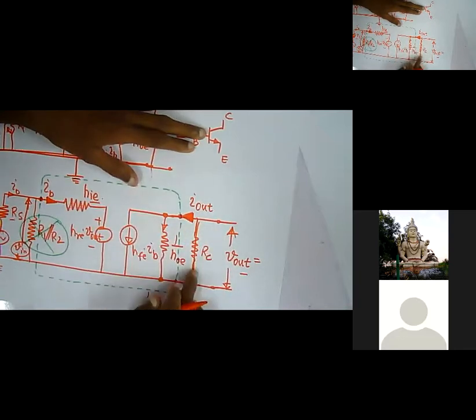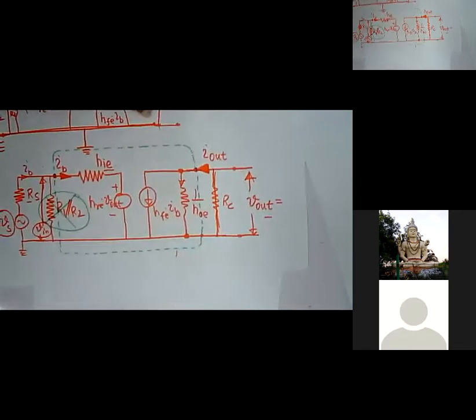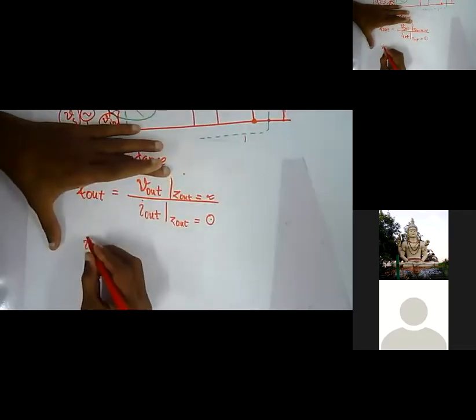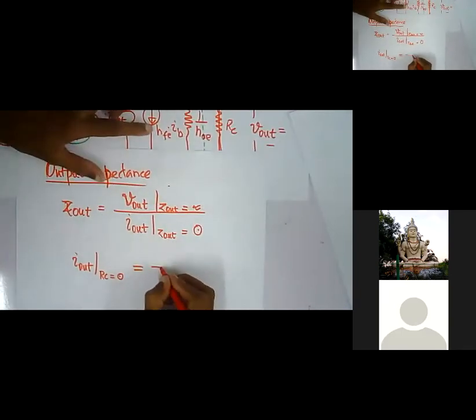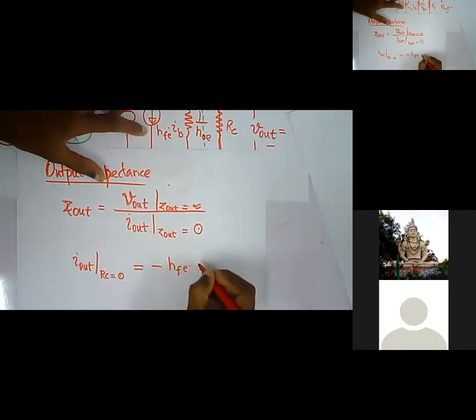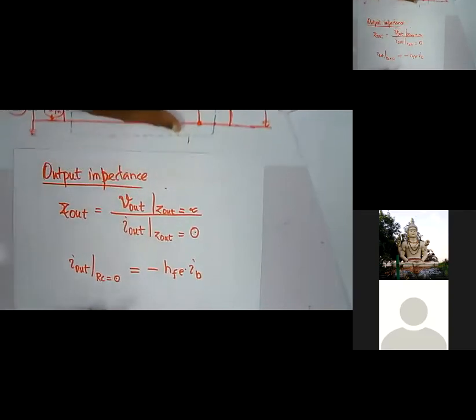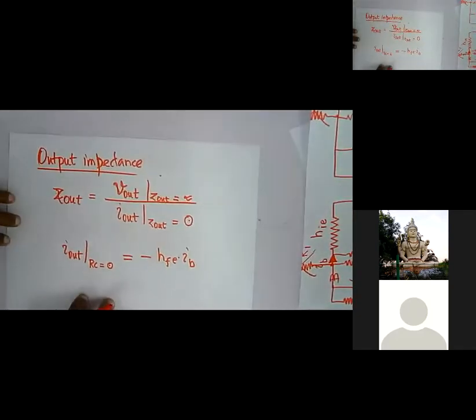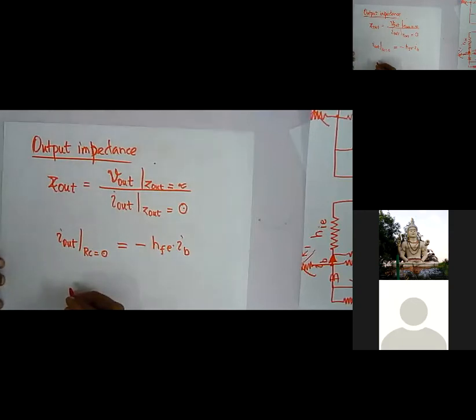Whenever you short circuit this one, this will be removed, so all the current will be going through it. So I can write that I out at RC equals 0 equals minus HFE into IB. The whole current is going to go through that one. And then what we need to do is V out.